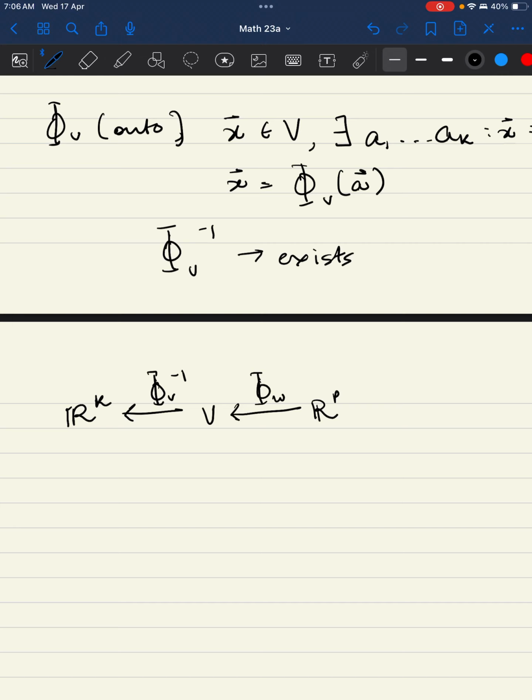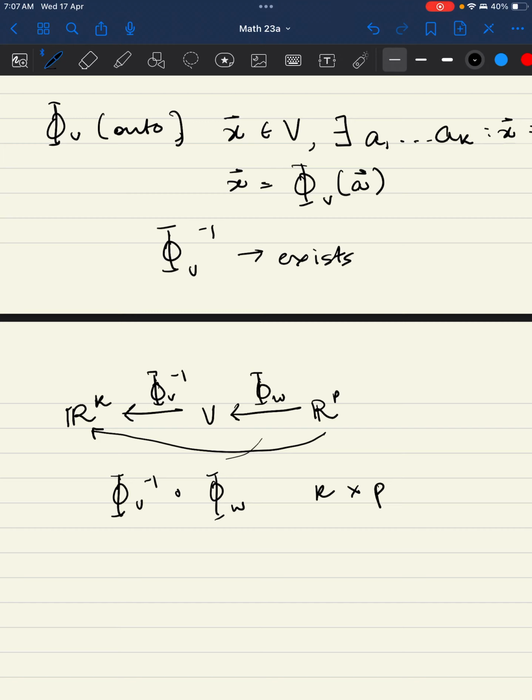All right, so what this would mean is that if I compose phi V inverse with phi W, we would then get a concrete map from R^p all the way to R^k. Therefore, it must be a matrix which has size k by p.